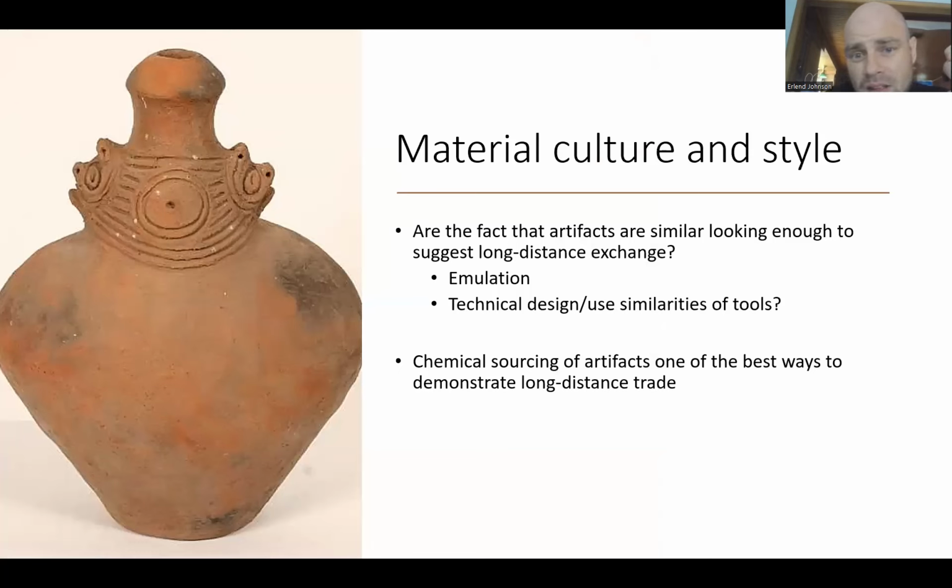So, when we think about the movement of people and the movement of things, one of our chief ways of studying the movement of people and things is by looking at the movement of artifacts or their material culture over the landscape. For a long time, people equated the movement of artifacts with migrations of people.